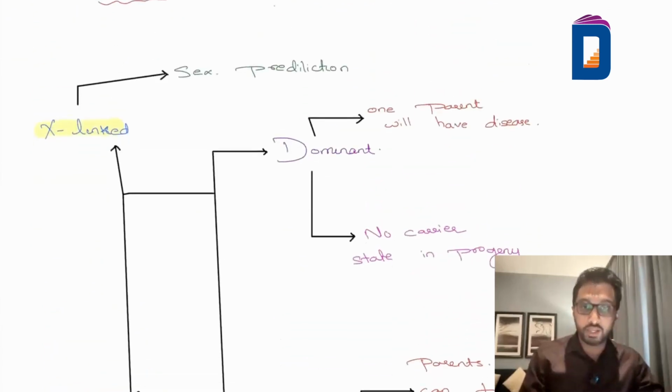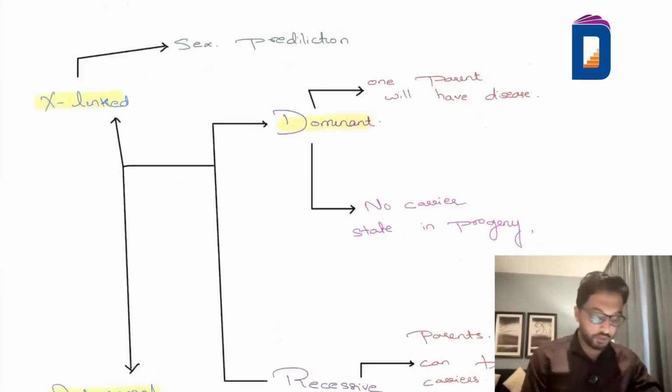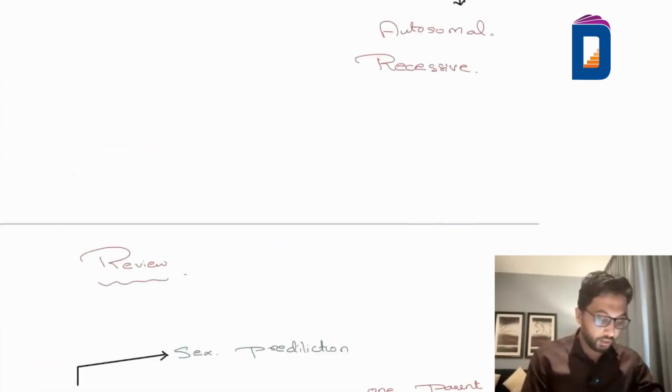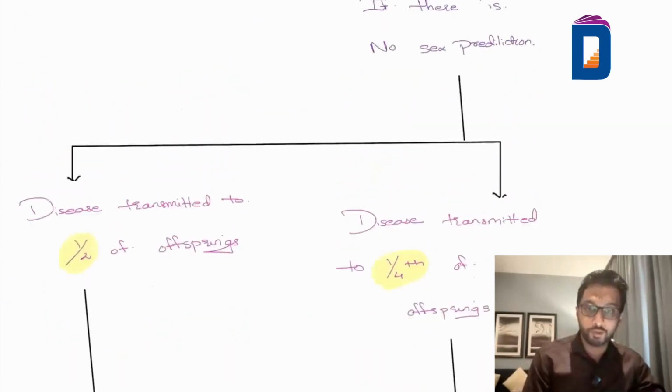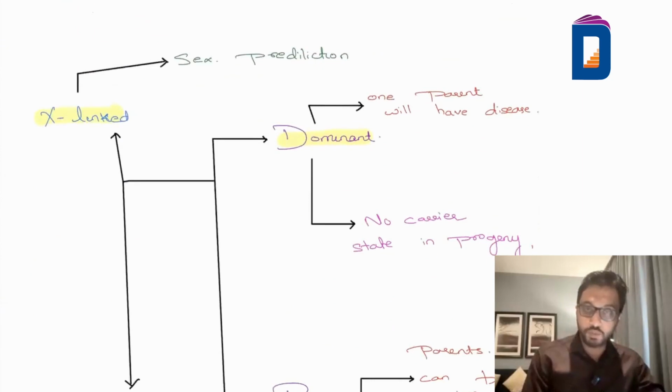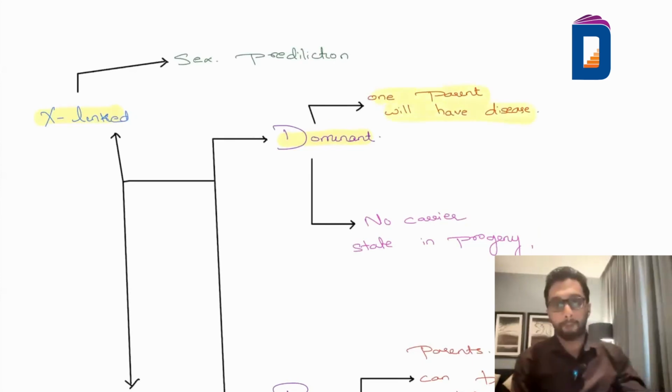Here, one more thing I'm going to add. If it's a dominant trait, especially autosomal dominant, that's why I told you that you need more points to add here when it is autosomal. It is also a little bit applicable to X-linked, but especially for autosomal, please note, just write it there: at least one parent will have the disease.